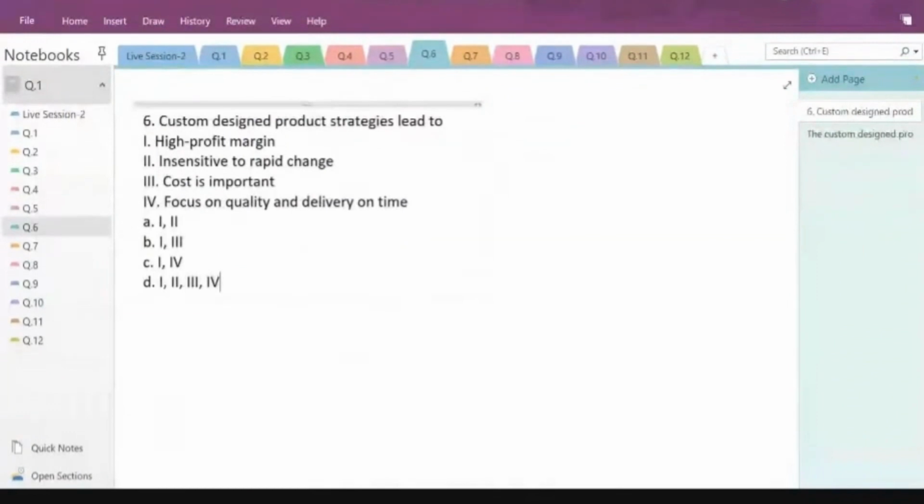Custom design product strategies lead. This is a very important question, so just go through it and we'll discuss any doubt. Custom design product strategy leads to which of the following? High profit margin, insensitive to rapid change, cost is important, focus on quality and delivery on time.